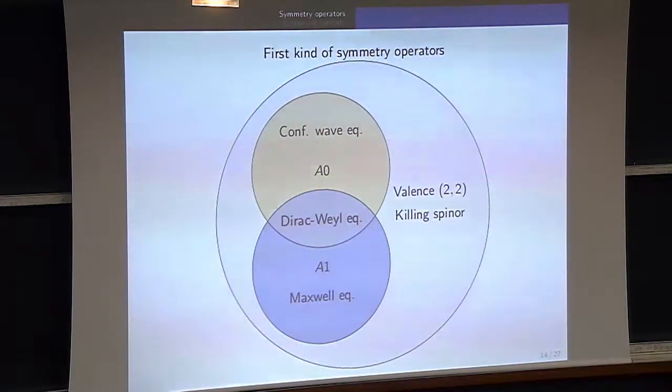We even have an example of a valence 2-2 killing spinor which does not satisfy the A0 condition, but it does satisfy the A1 condition. It would be nice to have a counterexample for the A1 condition too, but it might be difficult to find.